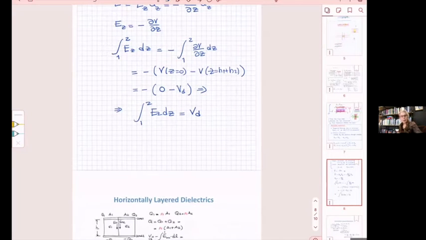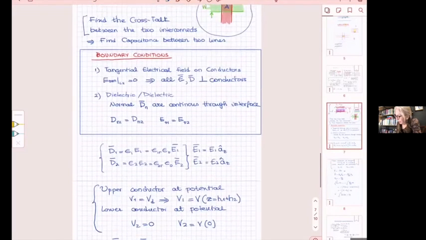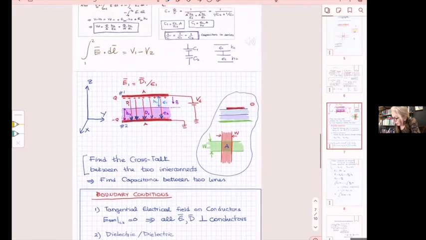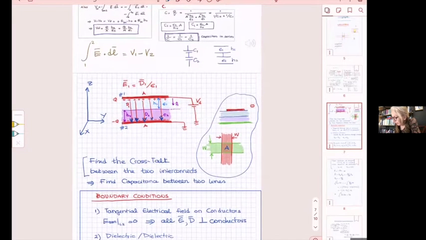Now let's see how that is. In this integral, because we have this short distance and D is continuous through the interface, because it's continuous and nothing changes, that means that D is constant.